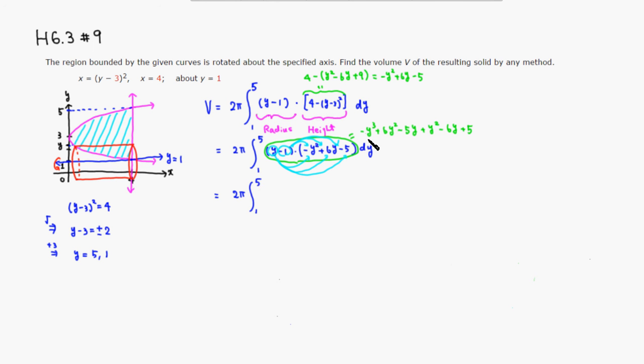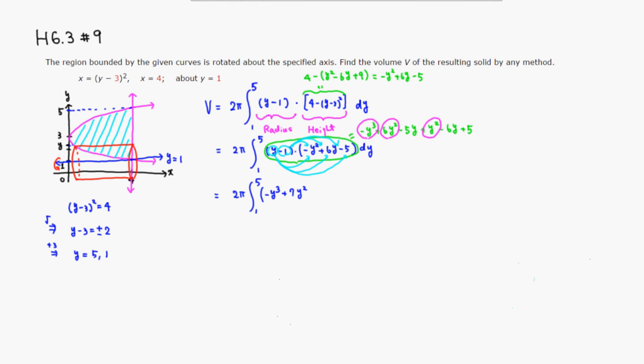So I have negative y cubed, then we have a 6y squared and another y squared, so it's going to be 7y squared.